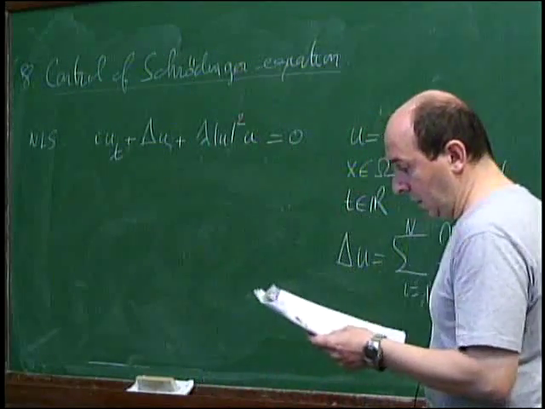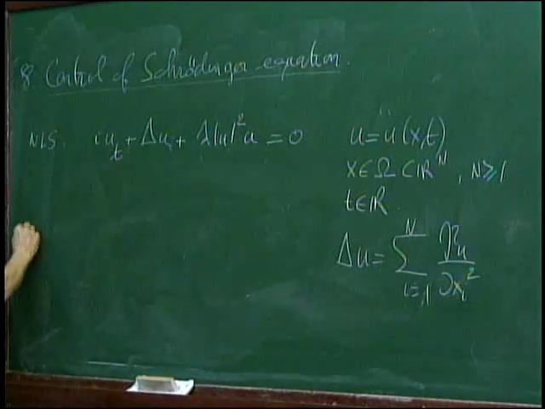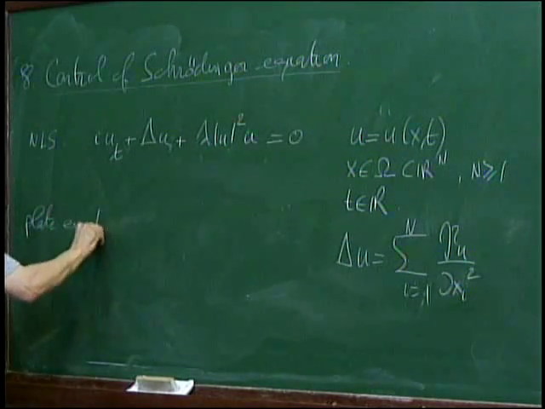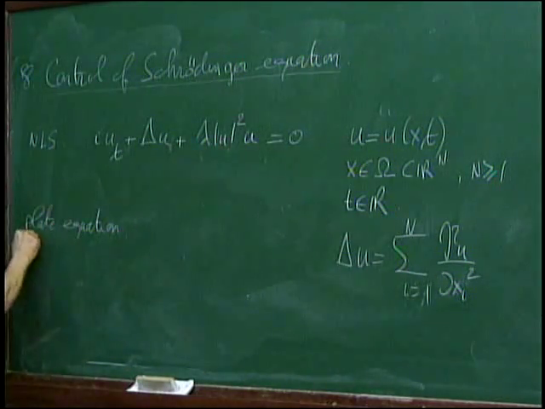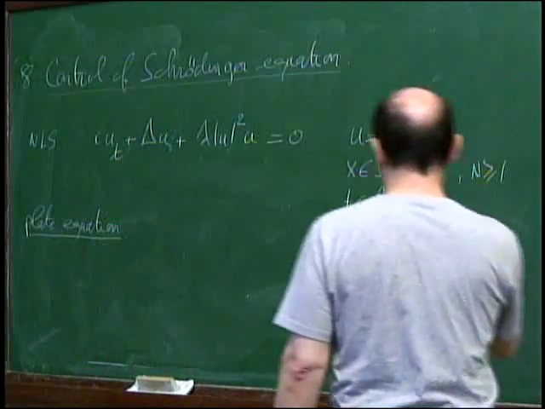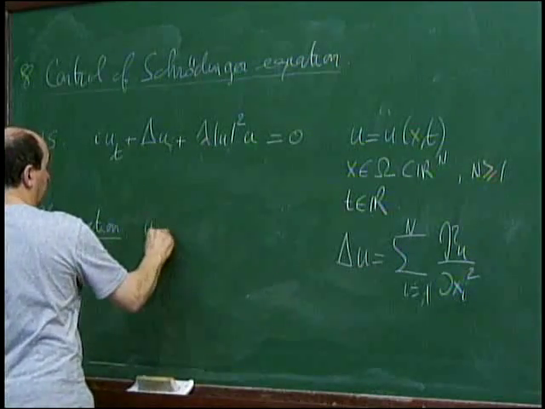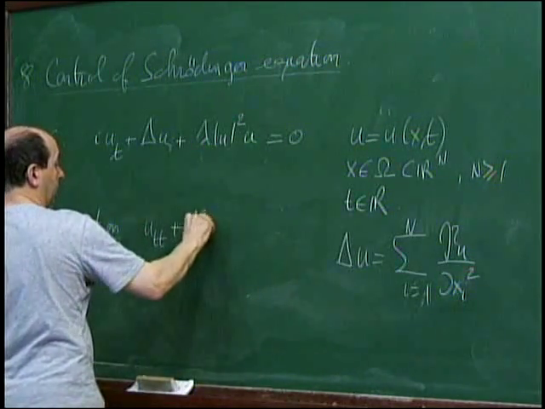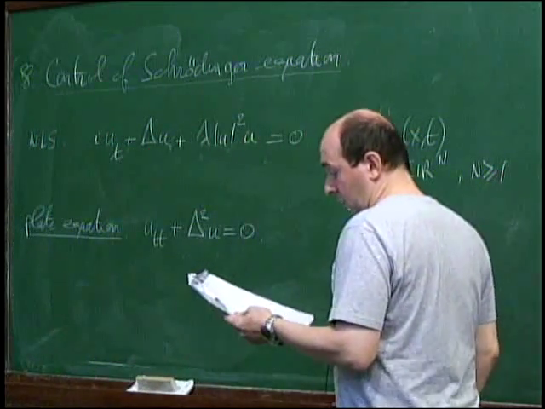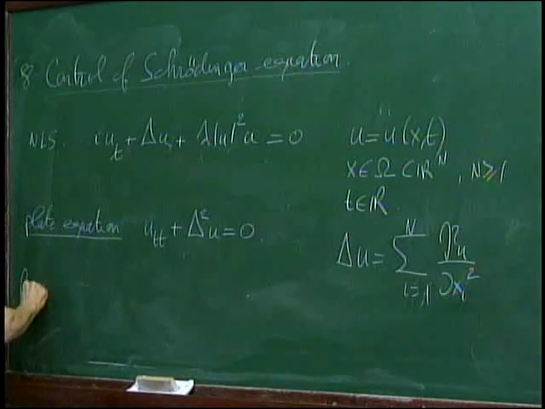Okay. So related to the Schrödinger equation, you have also the plate equation. And actually, a lot of papers were devoted to this equation, but actually both are related in the linear case. So the plate equation is this one. And they are related. This is some observation due to Rousseau.